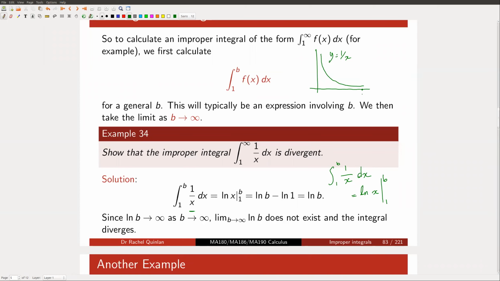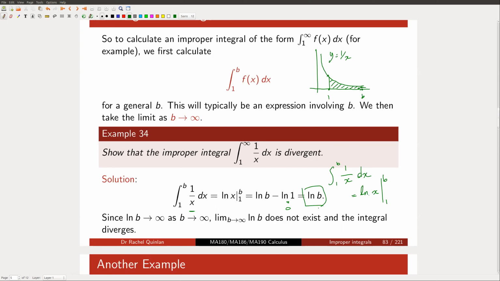Picture b temporarily as being some fixed point. 1 is here. So we're talking about that region, which is a proper definite integral. When we figure out what that is, we get log x evaluated at b and at 1. So we get log of b minus log of 1. Log of 1 is 0, because e to the 0 is 1. And so this is just log of b.